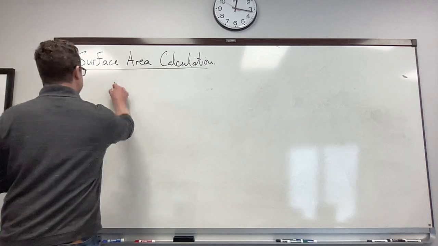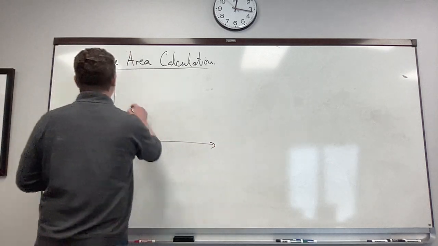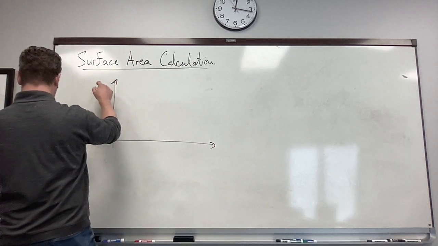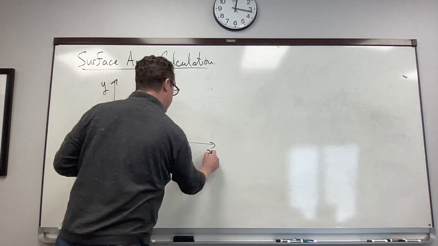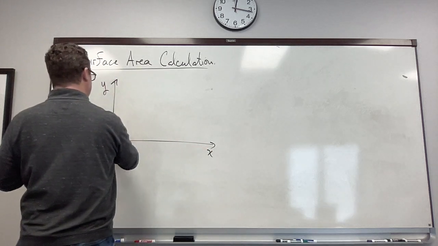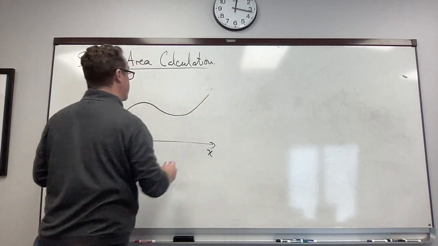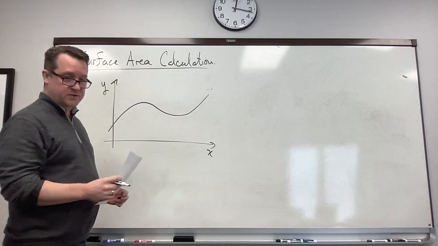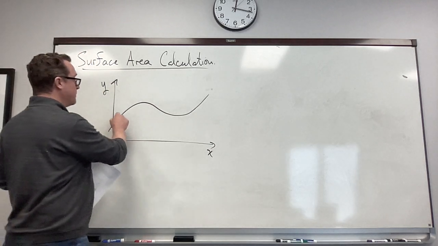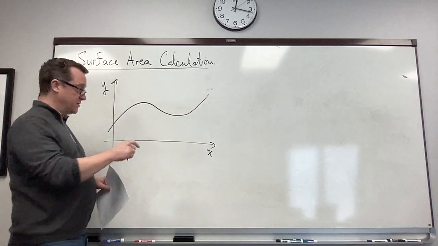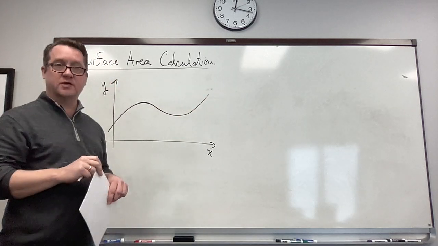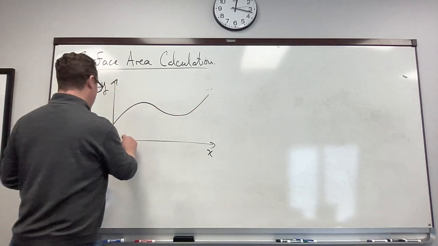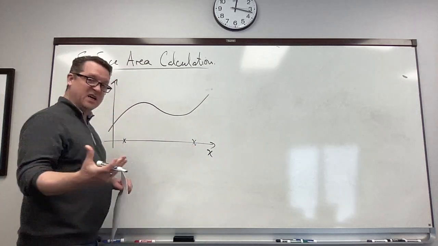So if we look at a function, just as a function of x, we'll say y is a function of x, and this thing has some variation, some derivative as a function of x as we go. And let's say I want to know the total length of this curve. If I was walking along it, what would be the total distance I traverse when I go from one point to another point in x?